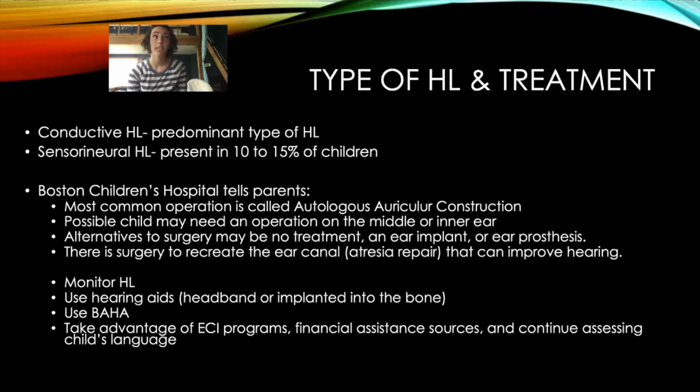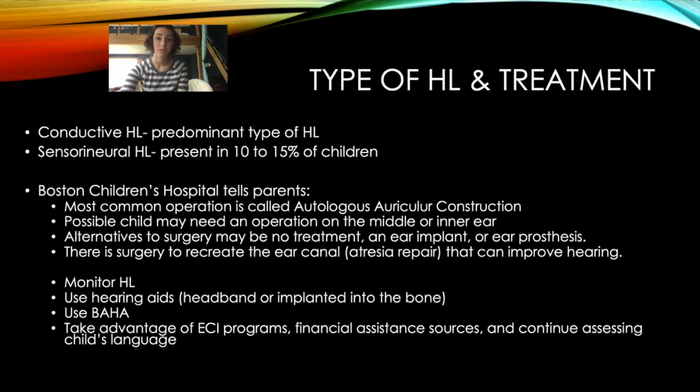It can be either worn as a headband or implanted into the bone in the event that it's a very serious hearing loss. And often surgery to recreate a missing ear canal called atresia repair and improve hearing. So some surgeries will also include atresia repair. Alternatively, you can do a bone anchored hearing aid, a BAHA.